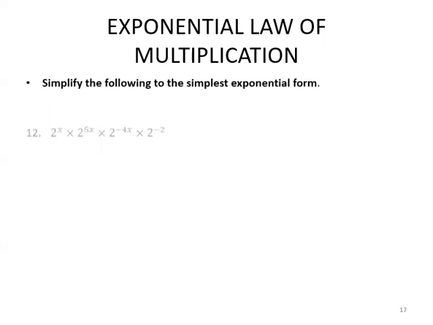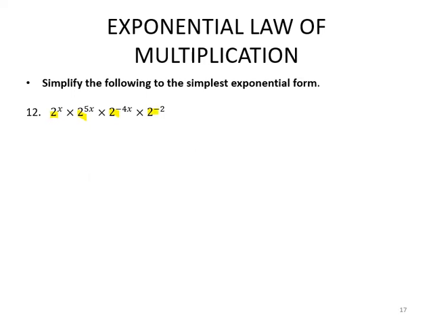Let's check the next one, number 12. Again, here I've got the same base. It's 2 times 2 times 2 times 2, all right? So I'm going to write it as a single base, but what do I do with exponents? I'm going to take the exponents.